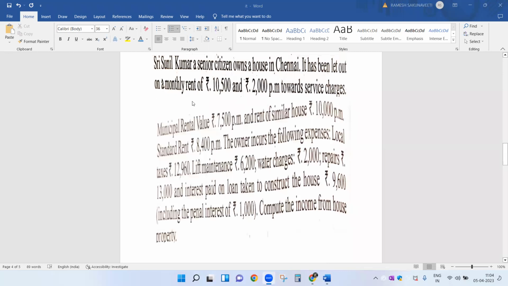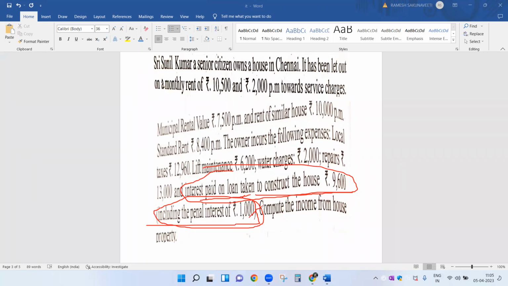You read the problem, you will get this sentence. Please understand. Interest paid on loan taken to construct the house is 9,600, including the penal interest of 1,000. Please remember this. It is 9,600, but in that, they paid a penalty of 1,000 rupees. So the Income Tax department will never accept a penalty. They will not accept. You have to pay in time.